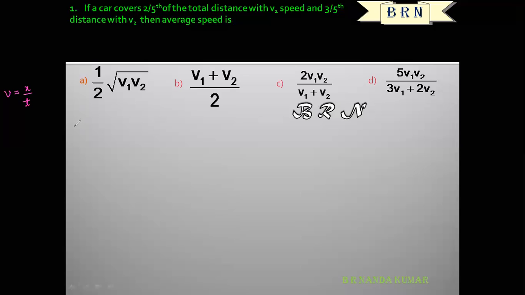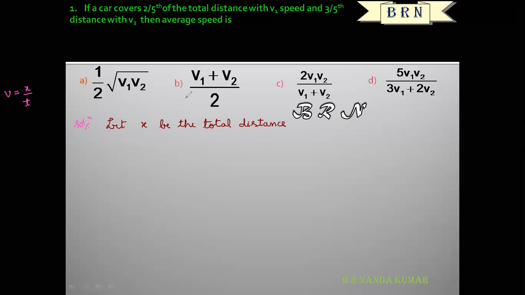First, let us consider x to be the total distance covered by the car.